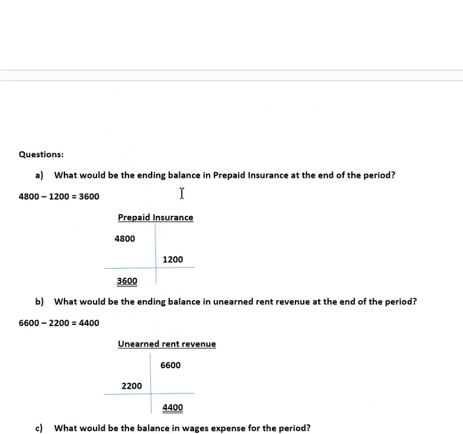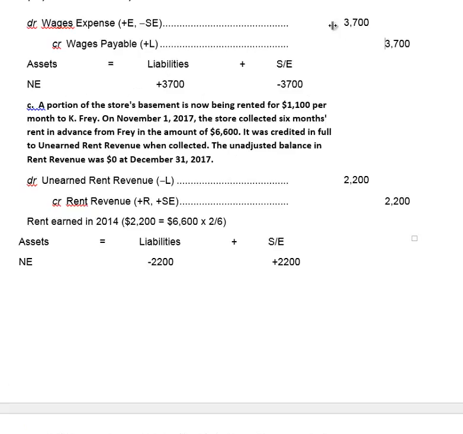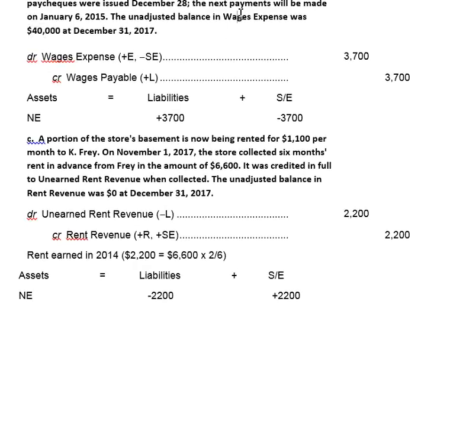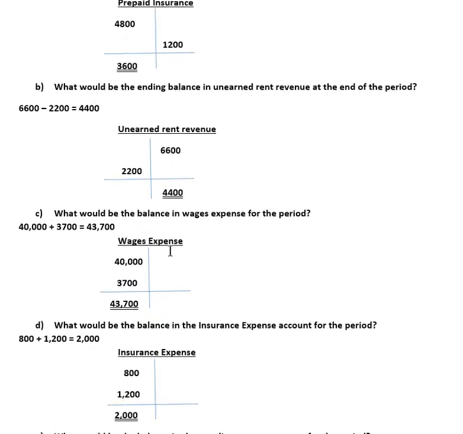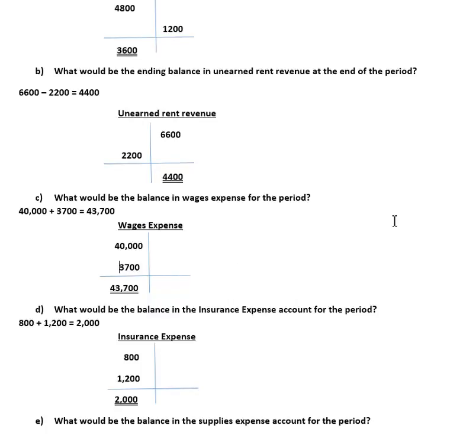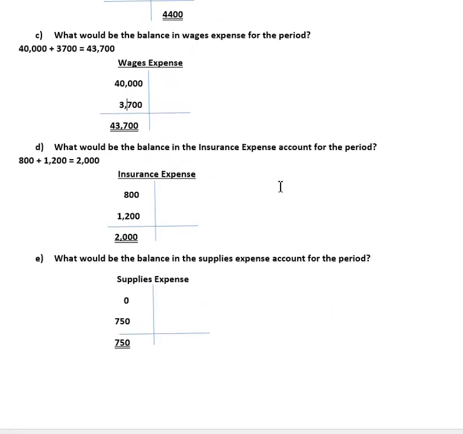And if you remember, we debited wage expense for that, and we credited wages payable. So our wage expense account has now gone up from the $40,000 that we had in it, the unadjusted balance. We're going to add the impact of the adjusting entry. So on the adjusted trial balance and in your income statement, you're going to be showing $40,000 plus $3,700, which is going to get you $43,700.